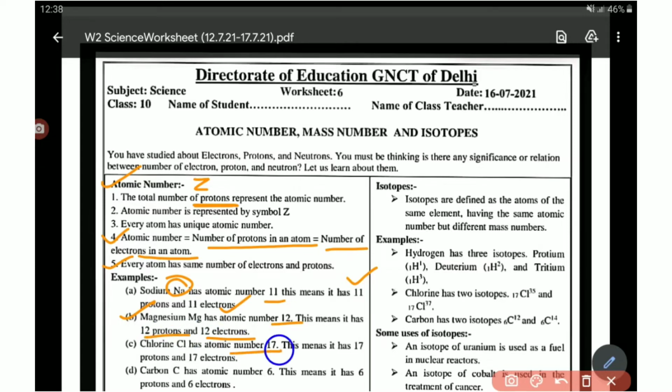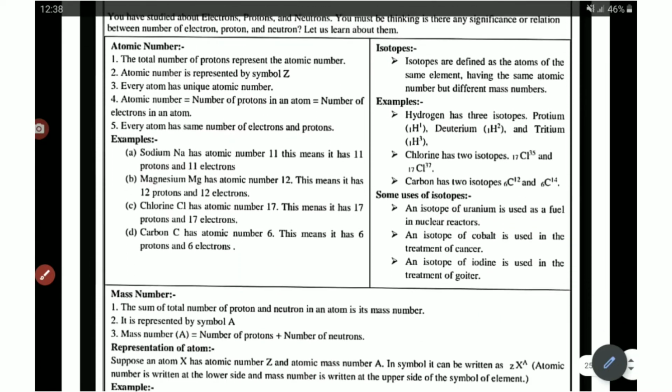Chlorine atomic number 17, that means 17 protons, 17 electrons. Carbon atomic number 6, 6 protons, similarly 6 electrons. Okay, this is how based on atomic number you find out the number of electrons and protons present in any atom. Let us see mass number.